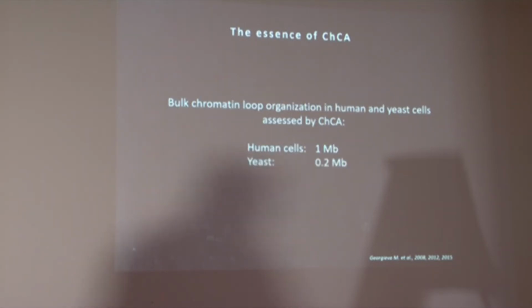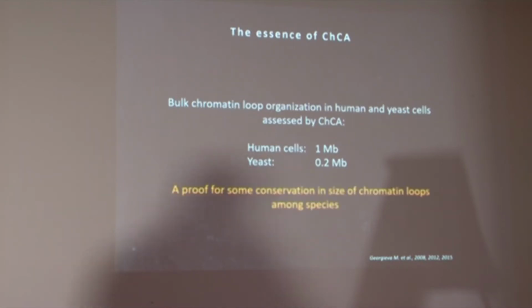And what about yeast cells? It's 0.2 megabase. It is strange because, as we know, yeast cells are approximately 100 times smaller than human cells, and they have 100 times less genomic DNA. But the loops are almost the same size.